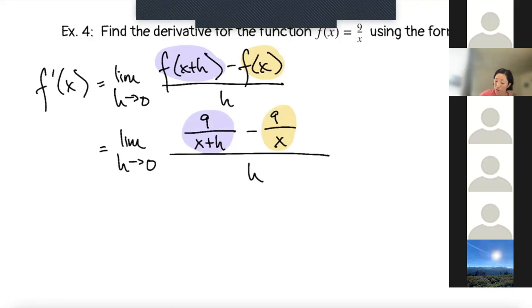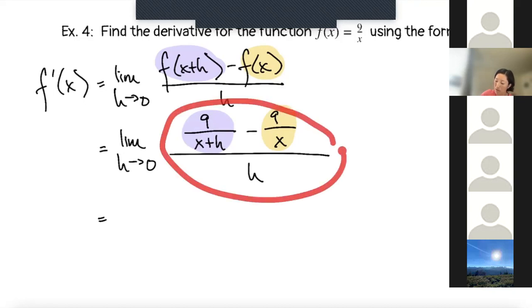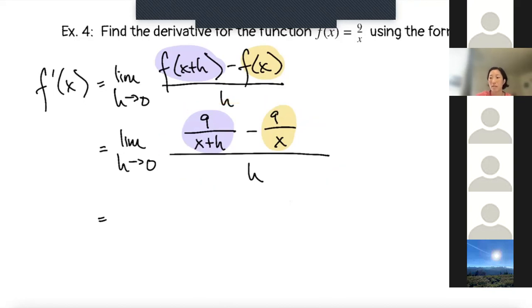Now, if I were to solve this, what strategy would I use to find this limit? Exactly. This will take you back to when we looked at complex fractions for limits. Exactly. Find that common denominator. Okay.